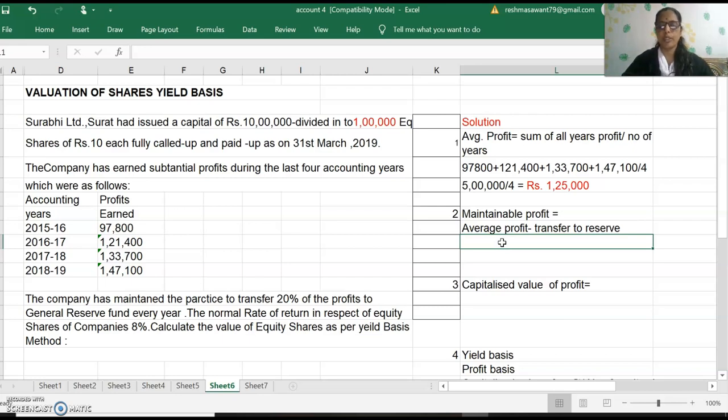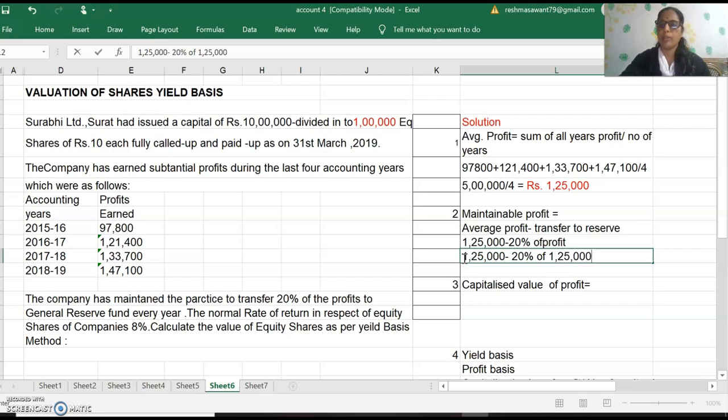The average profit is calculated according to your step number 1: 1,25,000 less 20% of profit, that is, 1,25,000 minus 20% of 1,25,000.